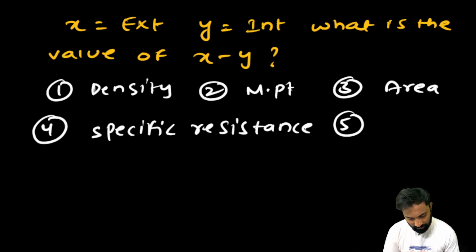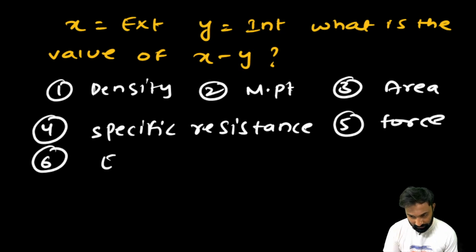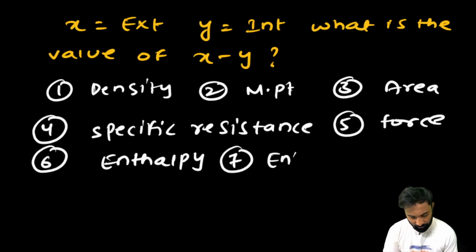Fifth one, we are having force. Sixth one, enthalpy. Seventh one, entropy. Clear? Now eighth one, volume.